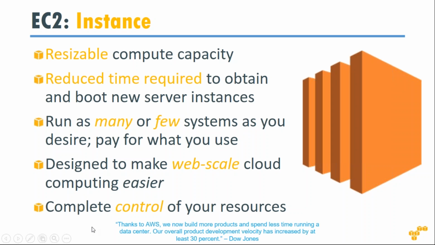Before that, I wanted to just show you this use case. Anybody familiar with the American market will know that Dow Jones is their stock market index. They use Amazon EC2 for a lot of products and testing, and they say that their product development has increased by at least 30% by using EC2 instances.